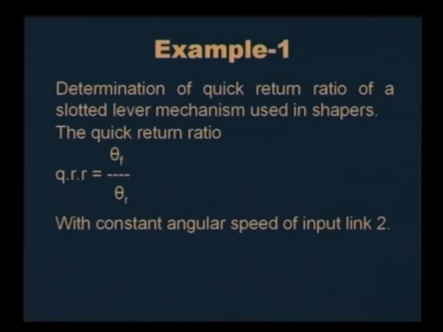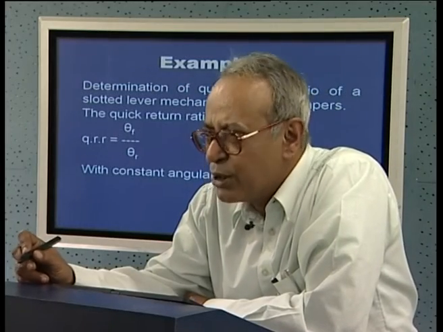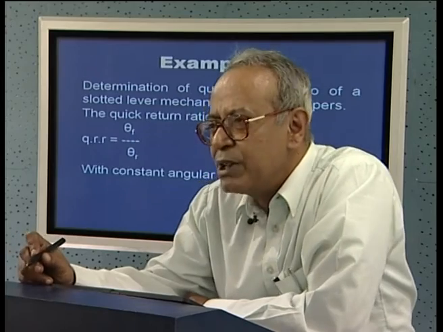It has already been seen that the quick return ratio, defined as QRR, is equal to theta f by theta r, where theta f is the rotation of link 2 during the forward motion and theta r is the rotation of the same link 2, that is that bull gear, during the return motion of the cutting tool. Of course, we are assuming that the angular speed of link 2 remains constant.